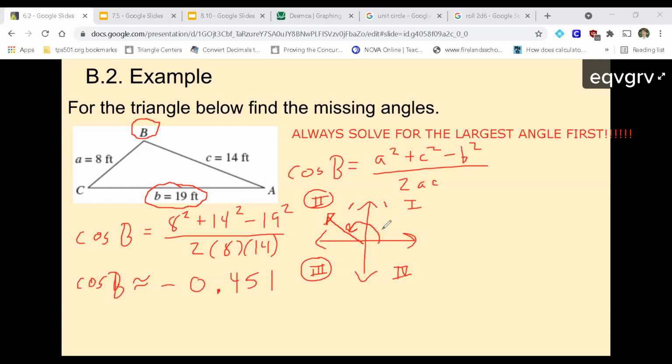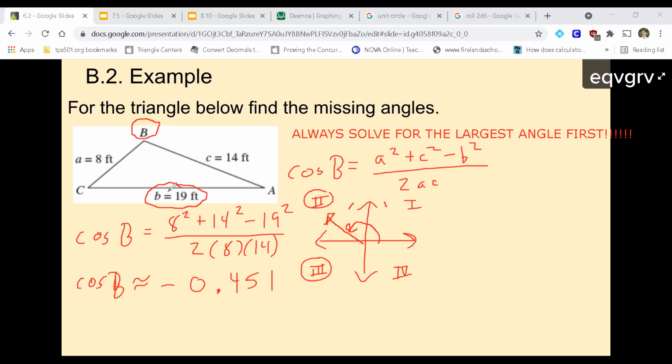I say that. You should know that it can't be obtuse or acute. I mean, you should know, because there can only be one obtuse angle, right? In a triangle, there can only be one angle that's above 90 degrees. If 2 angles were above 90 degrees, it would add up to more than 180, right?